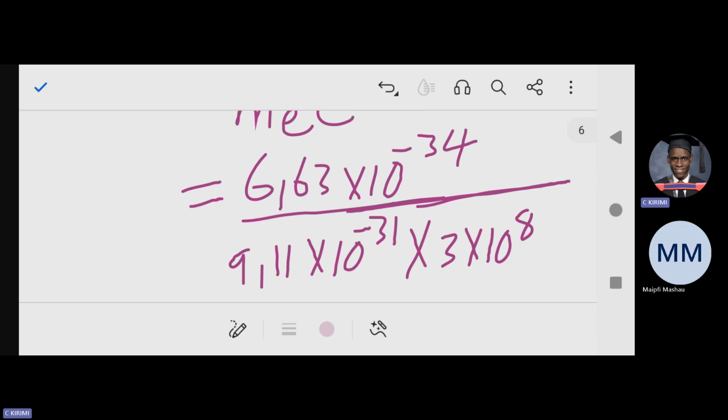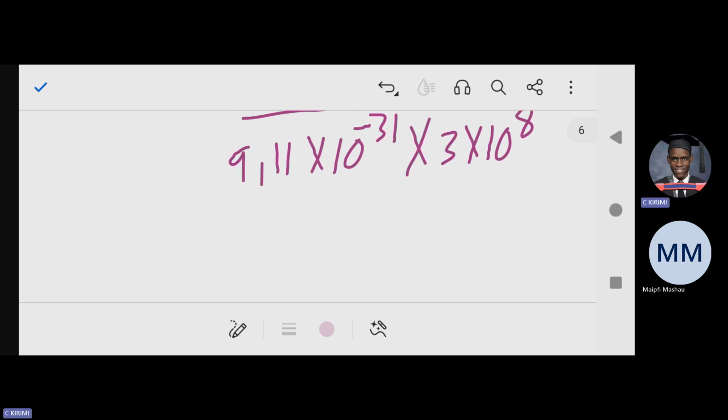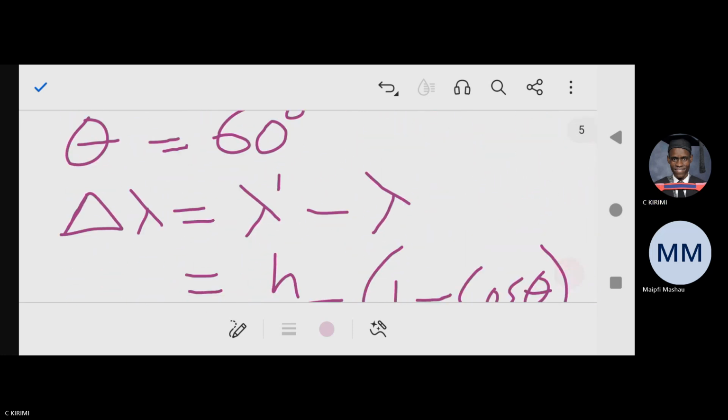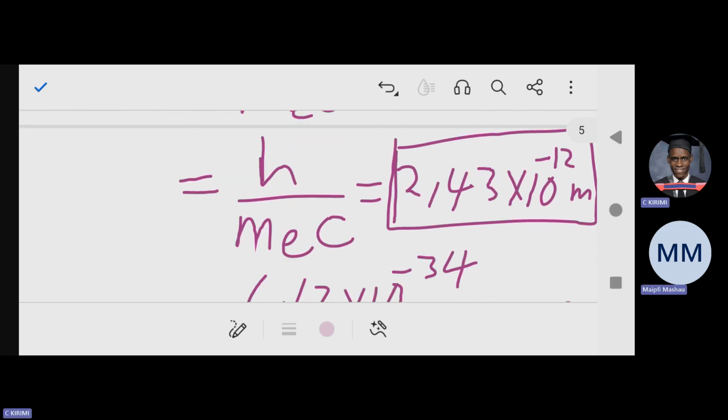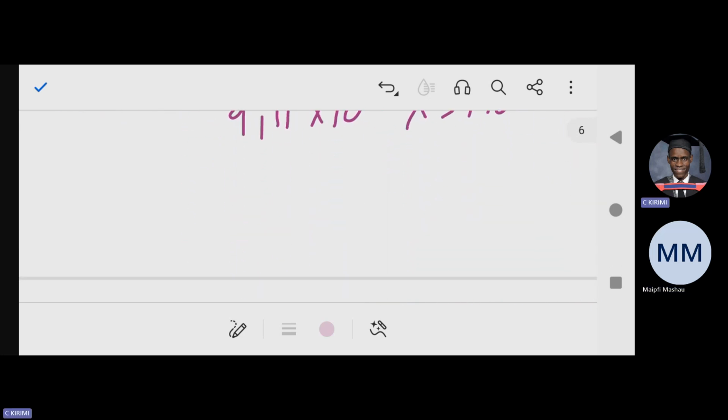Now we are going to substitute all the values into our formula, h over m_e c, times 1 minus cos theta, to find the change in wavelength.